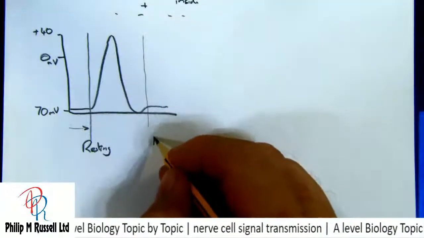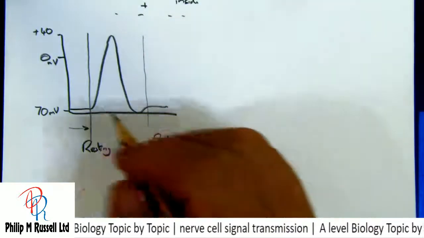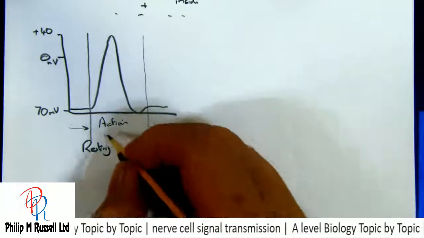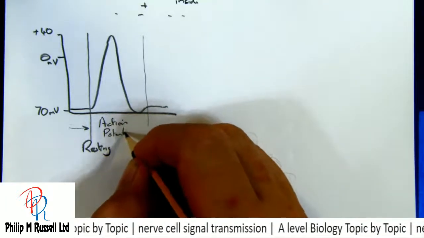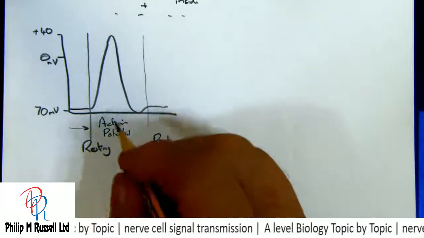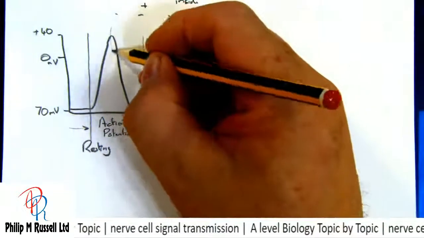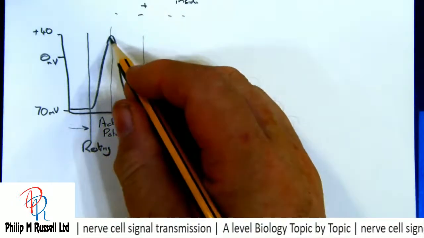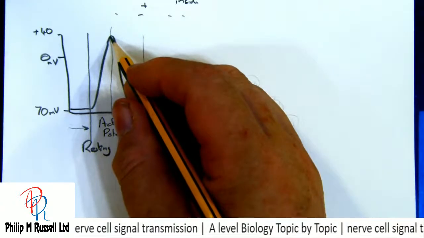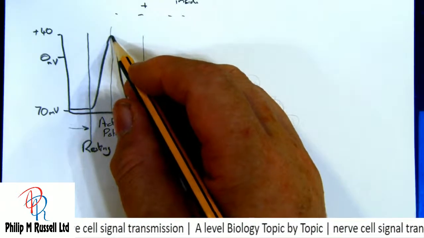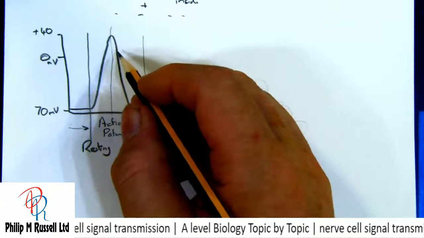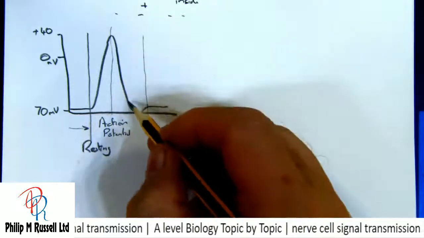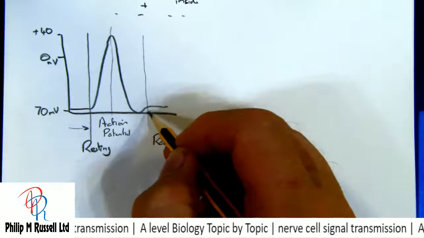We're back to our resting potential, and this here is our action potential. To go along here, to get up to this stage, we've got the process of depolarization. But once the action potential has happened, we have a period of repolarization, and it typically overshoots and then resets itself.